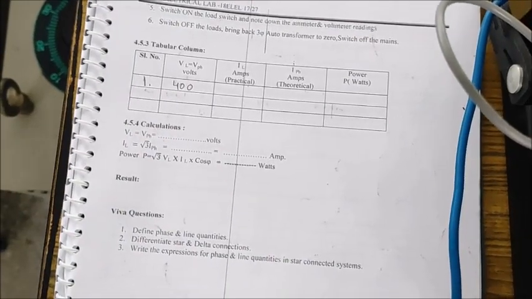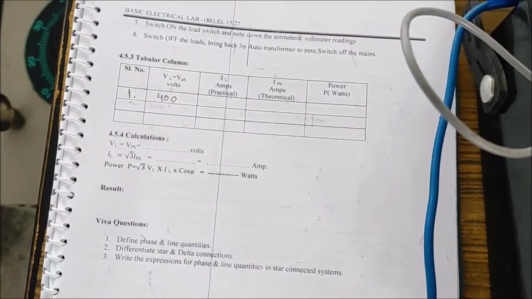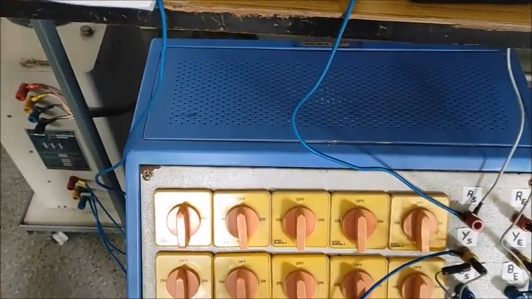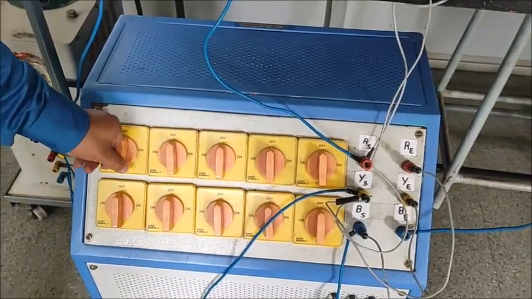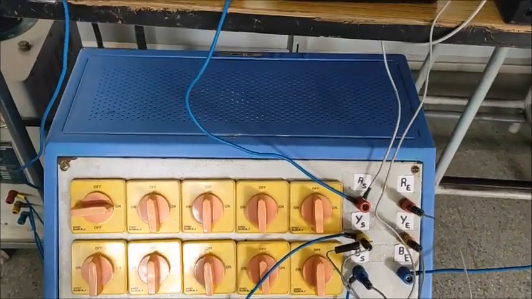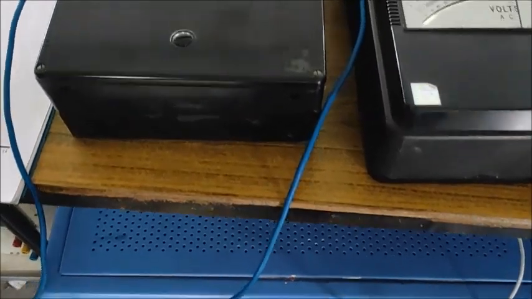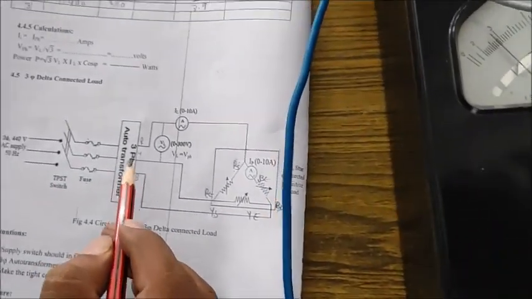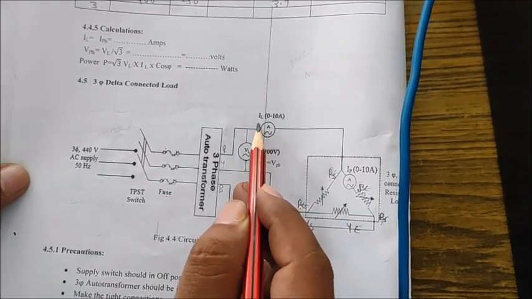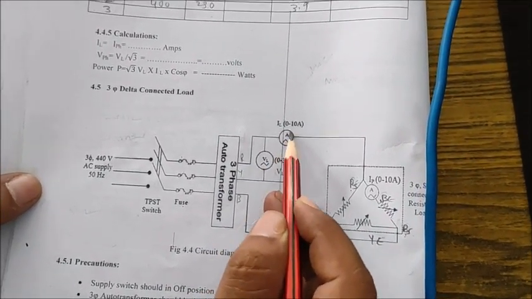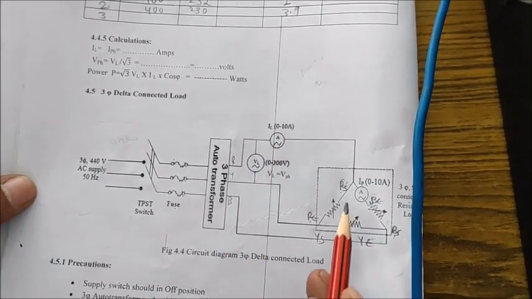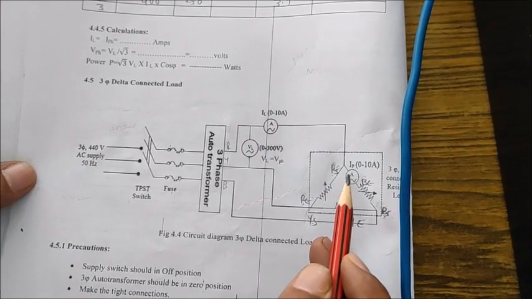And now in the case of this delta connection, we have to apply the load. So we just turn on one switch. Whenever you turn on one switch, if you look at the circuit diagram, this ammeter reads the line current and this ammeter reads the phase current.